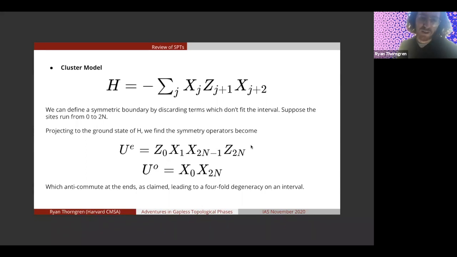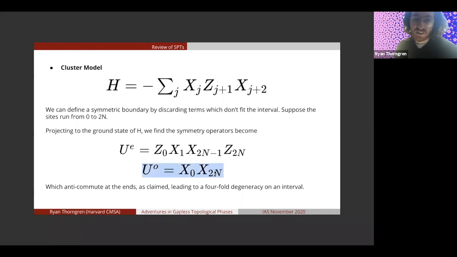So, right. To see what the fate of the system is on an interval, we can project to the ground states. And if we look at what the operators become when we do that, they become this. And as claimed, you can see that they commute at the boundaries. Now, globally, of course, they commute because this is Z2 times Z2 symmetry.